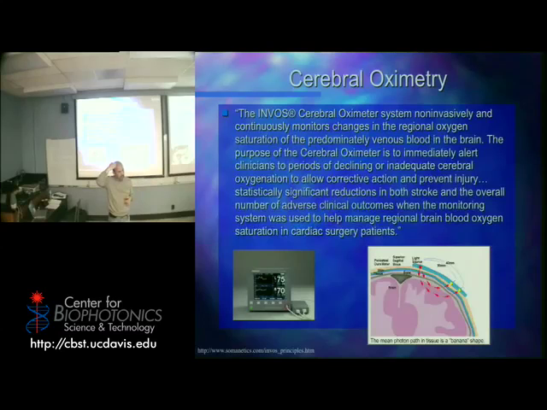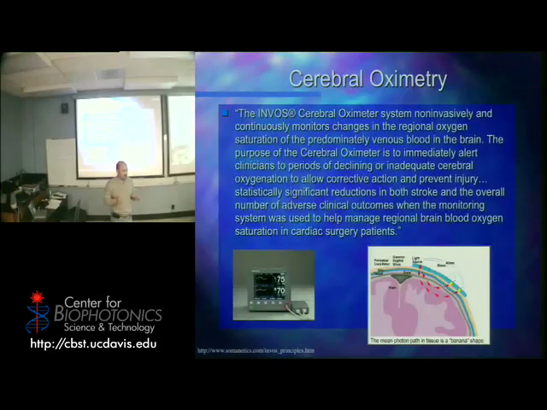The skull cap has 4, 8, 16 really, really bright lights, sometimes lasers, sometimes LEDs, with little detectors at the appropriate distances. We pulse that light, the same way that we do with pulse oximetry, and we see how much is coming through, and then we make a map of where there's activity in your brain. We can actually see if you're activating parts of your brain versus other parts of your brain.